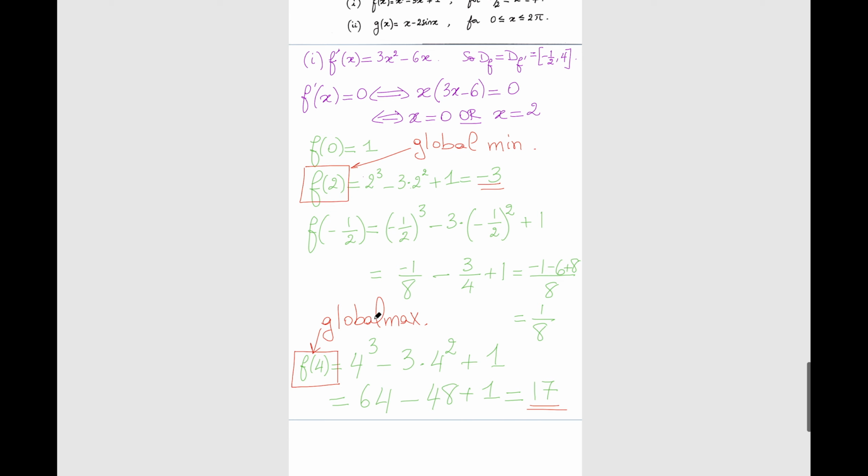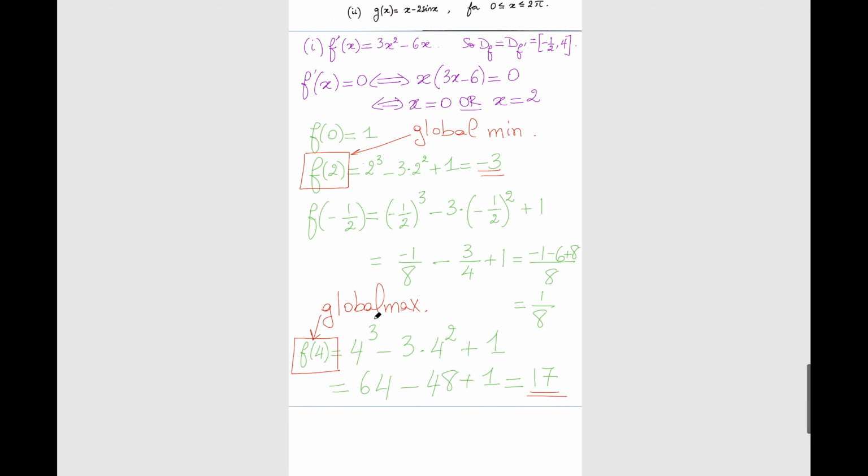All right, let's do the last problem. G of x is x minus 2 sine x. So this is part 2. G of x equals x minus 2 sine x, and this is on 0 to pi.